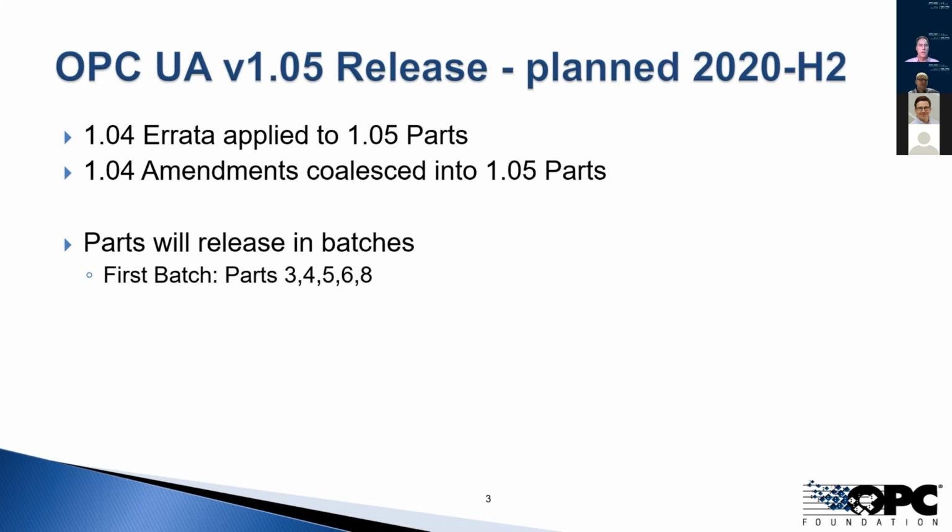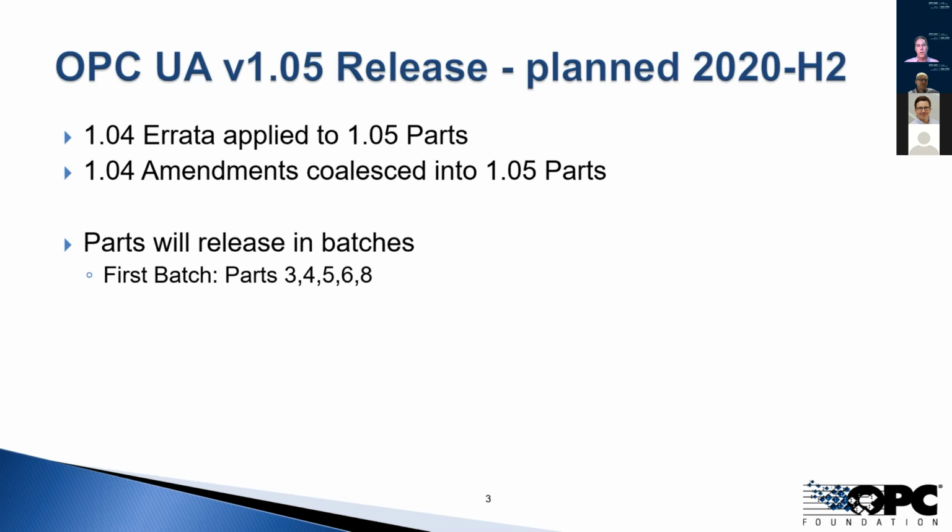And so we're doing that again for 1.05. So what that entails is we've amassed pages and pages and pages of an errata document with corrections and so forth to the 1.04 version, those all get applied in 1.05.